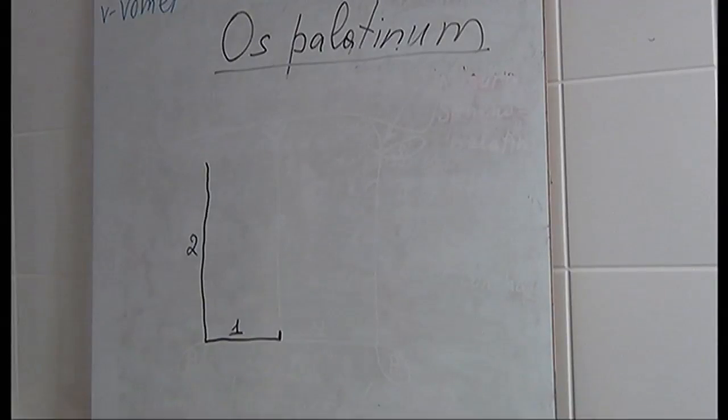So we can easily see that the left bone consists of two laminae, number 1 and number 2.